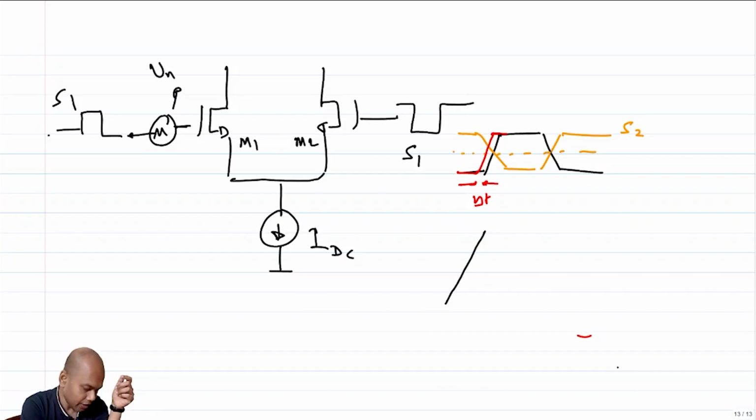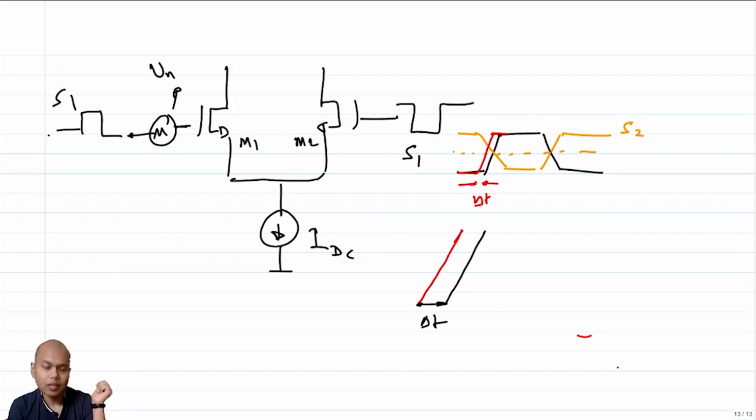So the signal went on to become something like this. What I am interested in is finding out this delta T. How much voltage did I add? I added this much voltage. This is the Vn that shifted the waveform, isn't it?